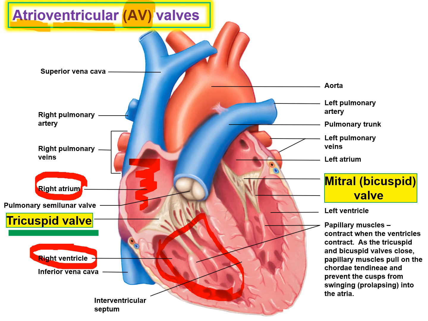Tricuspid has three cusps, three little flaps here. We'll show you a better diagram of that in a few minutes, but that's where the tri comes in. Three cusps to this valve. And on the left side of the heart is the bicuspid, so two cusps versus the three on the right. On the left, you've got the bicuspid or mitral valve.